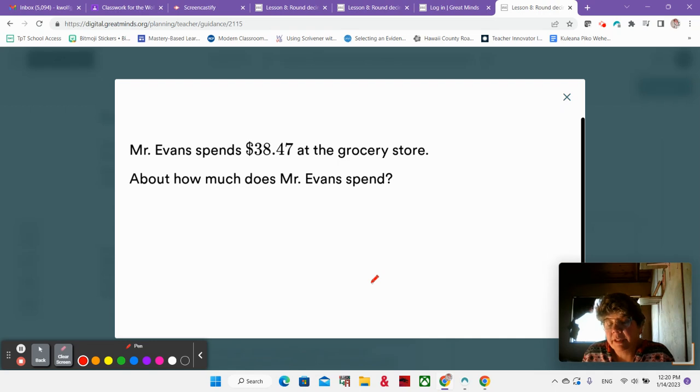And this is interesting because this gets a lot of kids stuck: rounding might seem harder than exact math. But rounding is making it easier for us. All right. So we're going to round because we want to make it simpler to think about or talk about. And sometimes we might need the exact number.